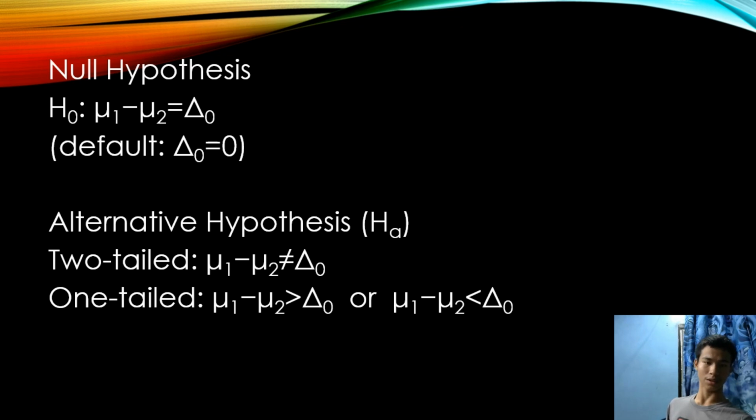For two-tailed, it is mu 1 minus mu 2 is not equal to delta 0, while on one-tailed, it is either mu 1 minus mu 2 is greater than delta 0 or mu 1 minus mu 2 is less than delta 0.